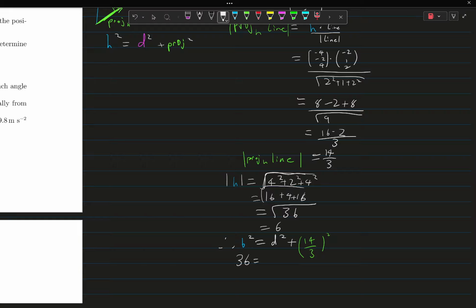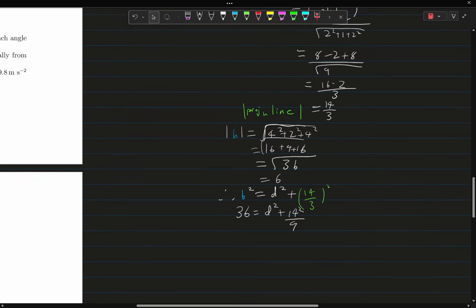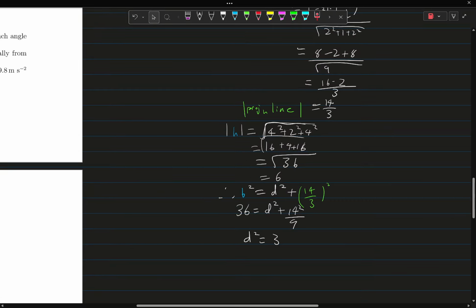We have 36 equals d squared plus 14 squared over 9, so d squared equals 36 minus 14 squared over 9.